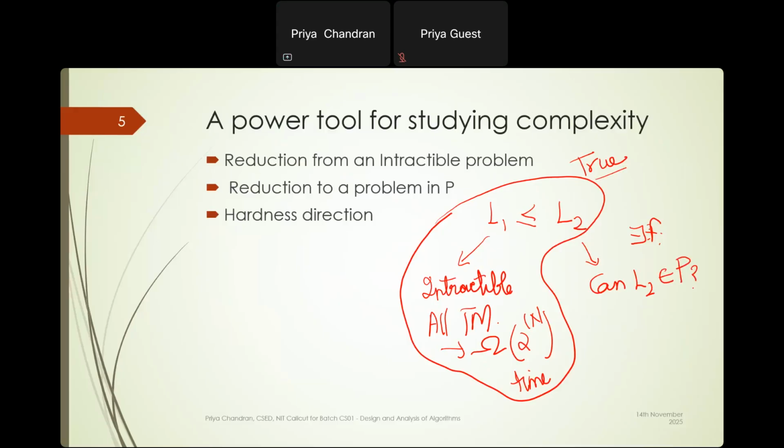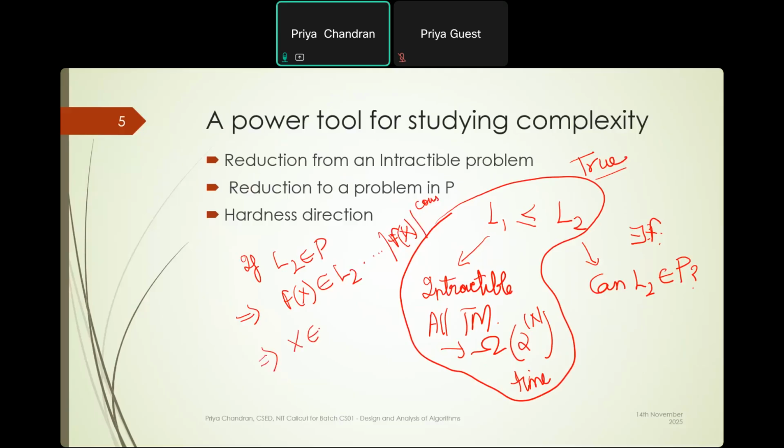Now, you may be able to infer that L2 cannot possibly belong to P. Why? If L2 belongs to P, then x belonging to L2 can be decided in f(x) raised to constant time, which means that x belonging to L1 can be realized in time.